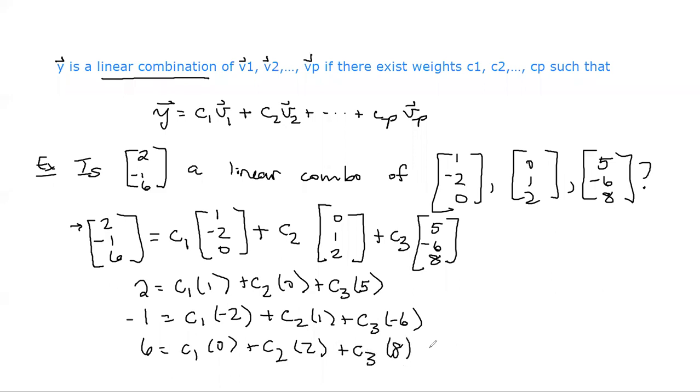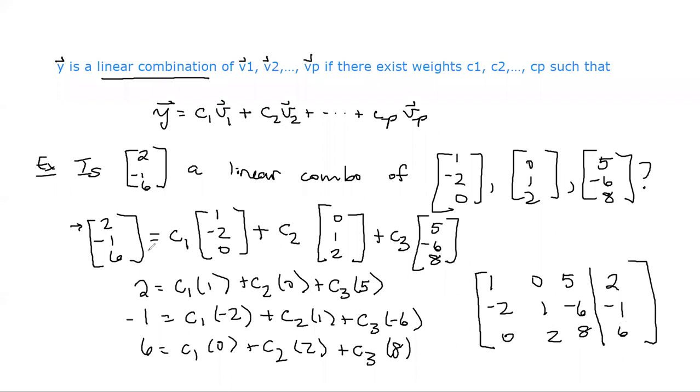Well, interestingly, this looks like what we've been doing all last week, which is looking at a system of linear equations. So we can think of this as a system of linear equations where c1, c2, and c3 are our variables. We can put this into an augmented matrix, where our matrix would look like rows (1, 0, 5 | 2), (-2, 1, -6 | -1), and (0, 2, 8 | 6).